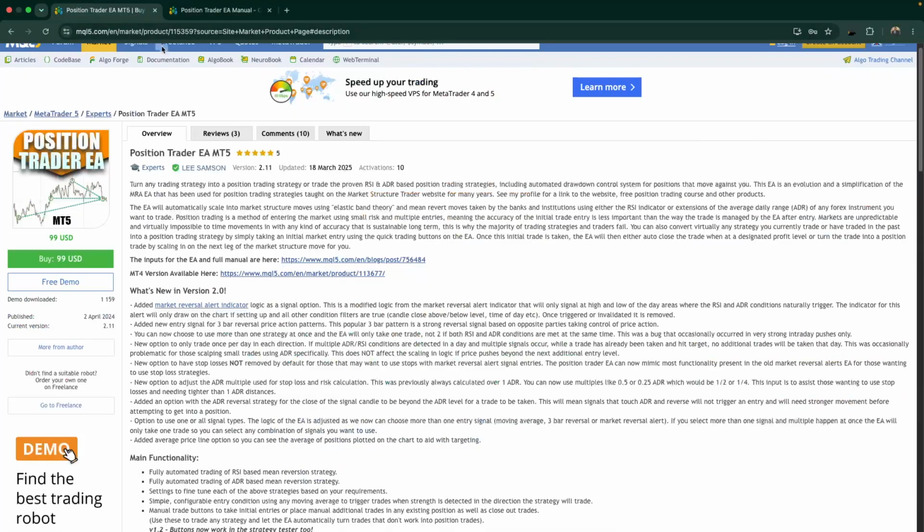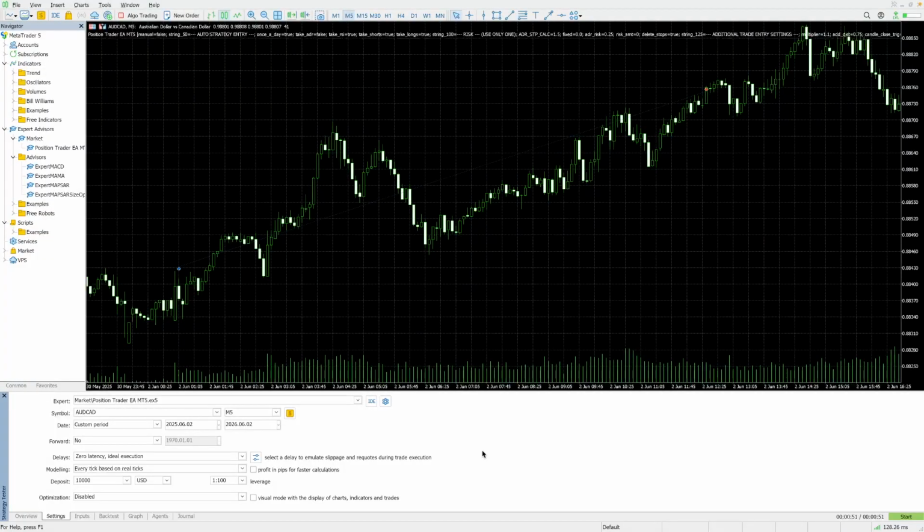But I'm using MetaTrader 5 to explain it, which is why I ran a backtest on the MT5 on AUDCAD on the 5-minute time frame as recommended, and this EA works mainly on the 5-minute and the 15-minute time frame. I ran it on every tick based on real ticks from June 2025 to June 2026. And let's look at the results.